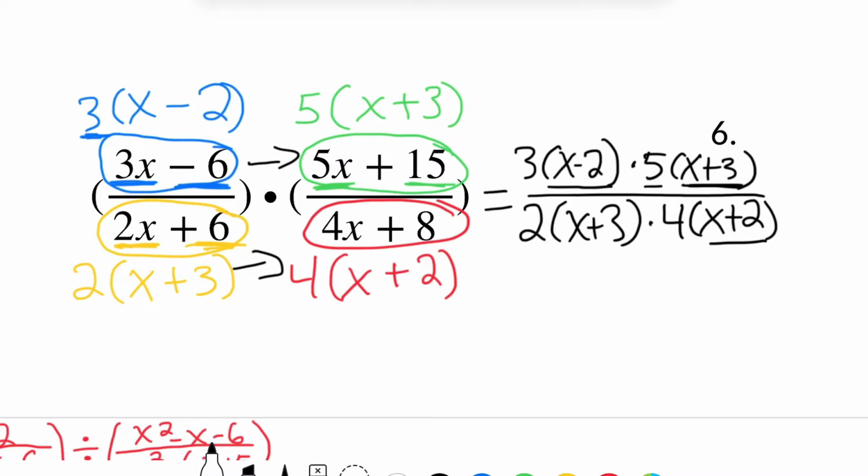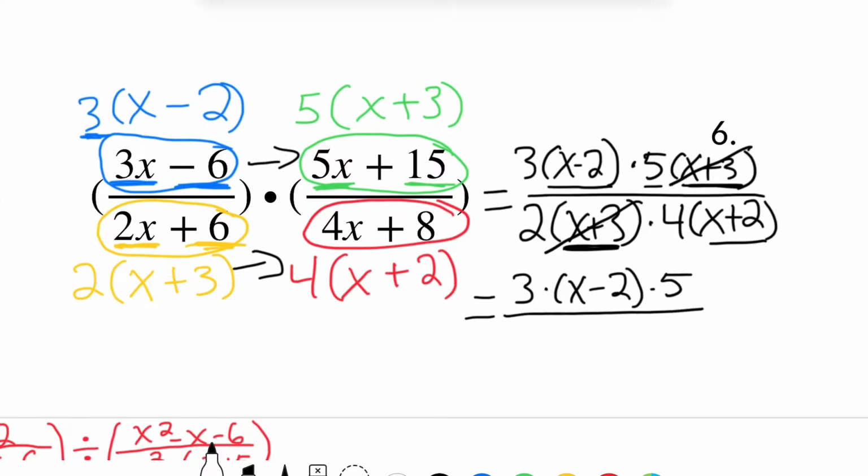And the x plus 3, we do have an x plus 3 in both numerator and denominator, so we can cancel it out. Then our result is 3 times x minus 2 times 5 all over 2 times 4 times x plus 2.